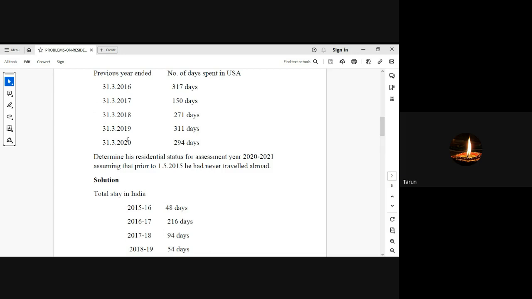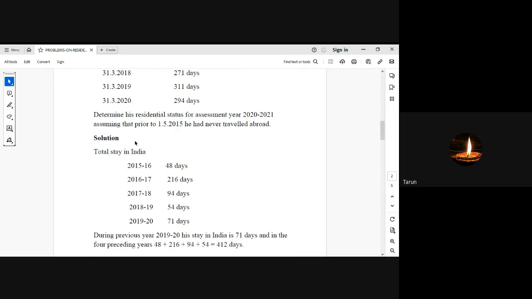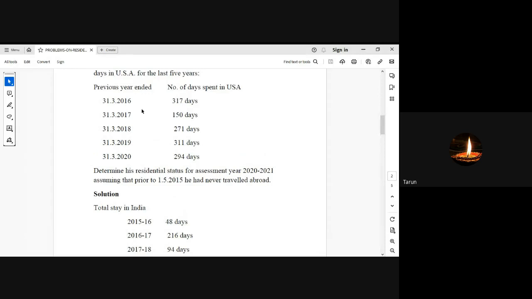And what would be the assessment year? 2020-21. Now we have to estimate the total number of days that Mr. Kohli has stayed in India. So these are the days. In 2015-16, the number of days Mr. Kohli has spent abroad is 317.